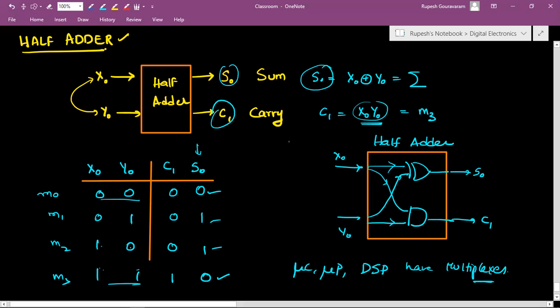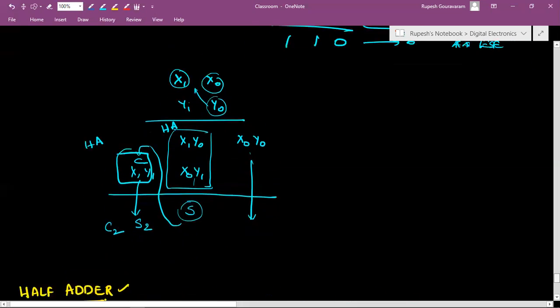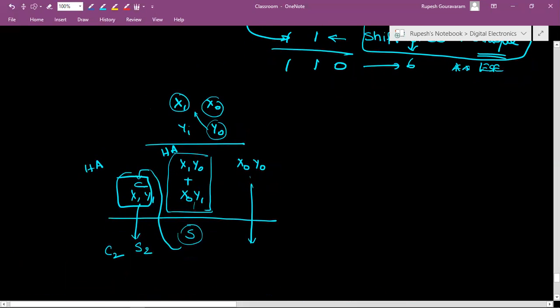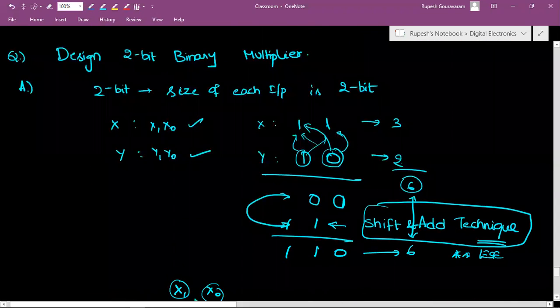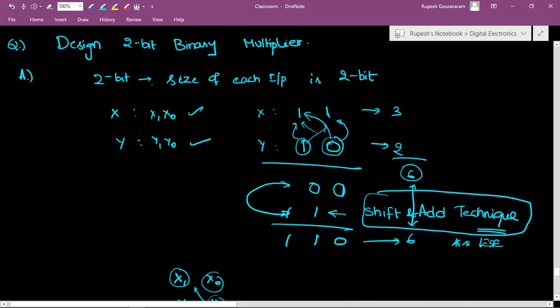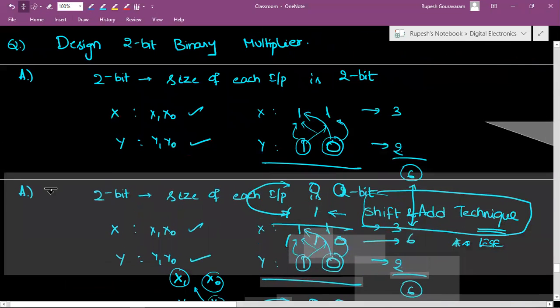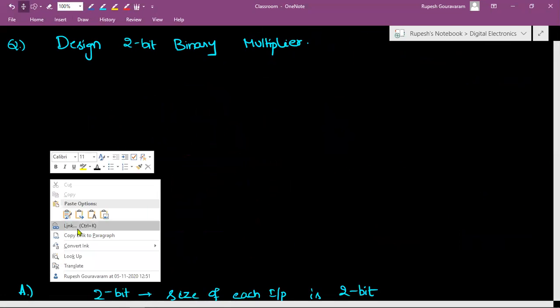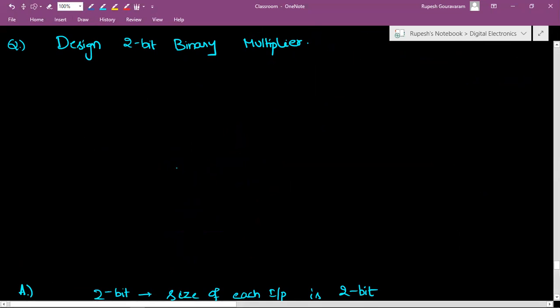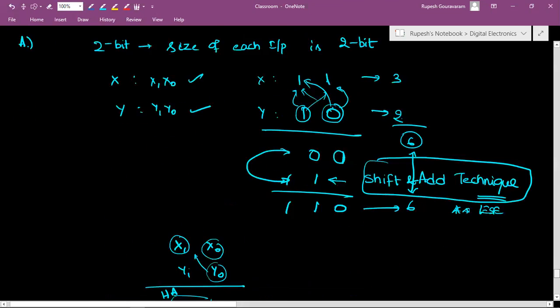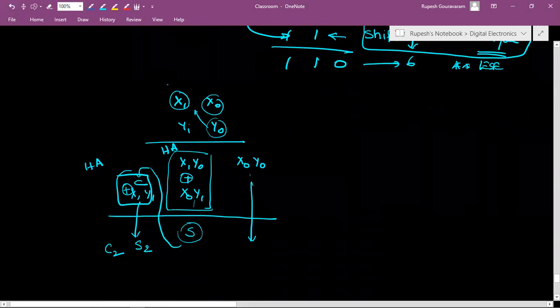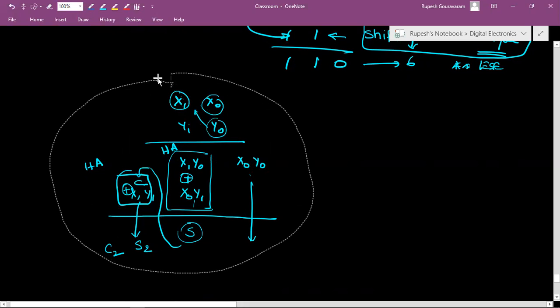Now coming back to the question, we have designed a half adder. Now what do we require? We require one half adder here and a second half adder here. So we have to design a 2-bit binary multiplier. From the previous discussion, we have seen the 2-bit binary multiplication in mathematical form.